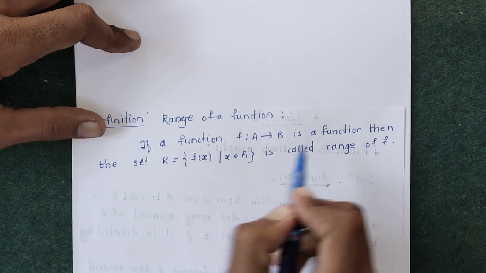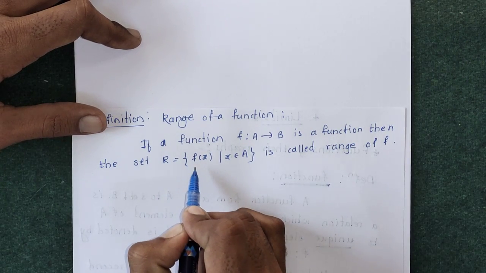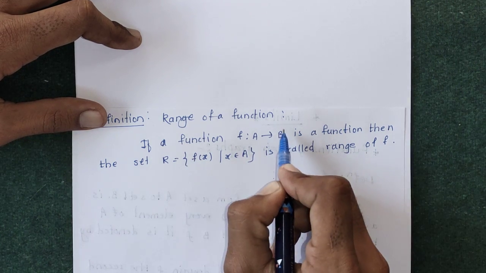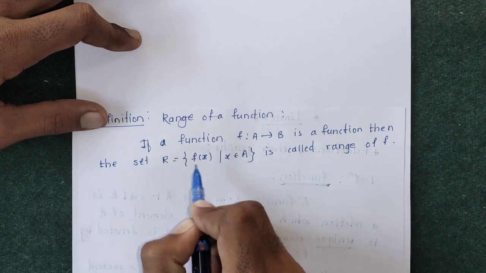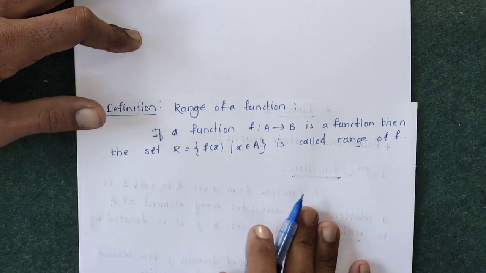If f from A to B is a function, then the set R, which is the set of all the elements of the codomain which are images of some elements in A, is called the range of the function.